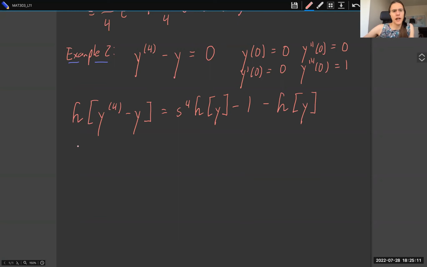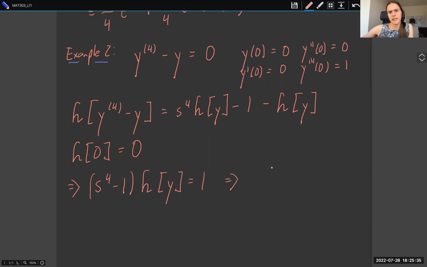And then the Laplace transform of 0 is 0, because it's linear. So that tells us that s to the fourth minus 1 times L of y is equal to 1, which tells us that the Laplace transform of y is 1 over s to the fourth minus 1.